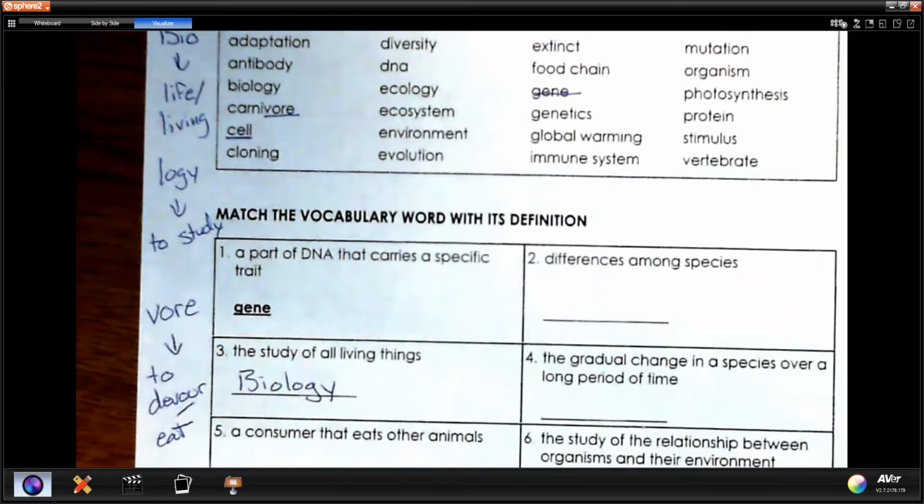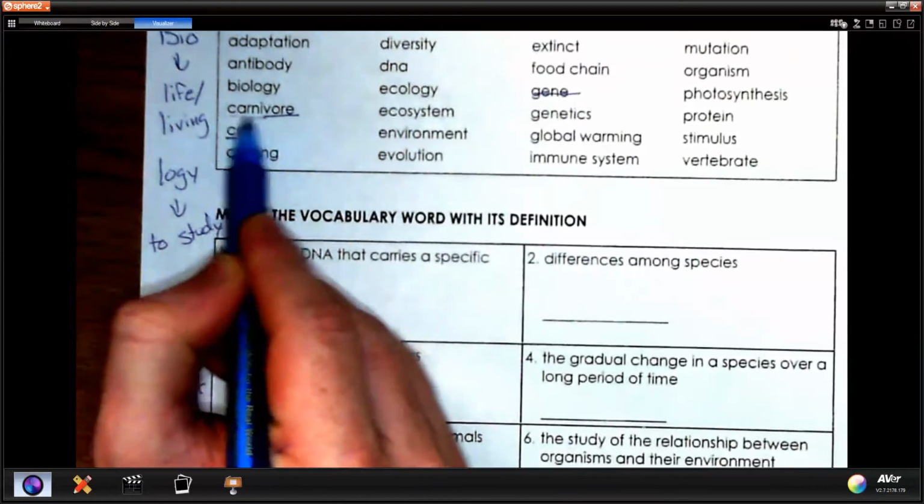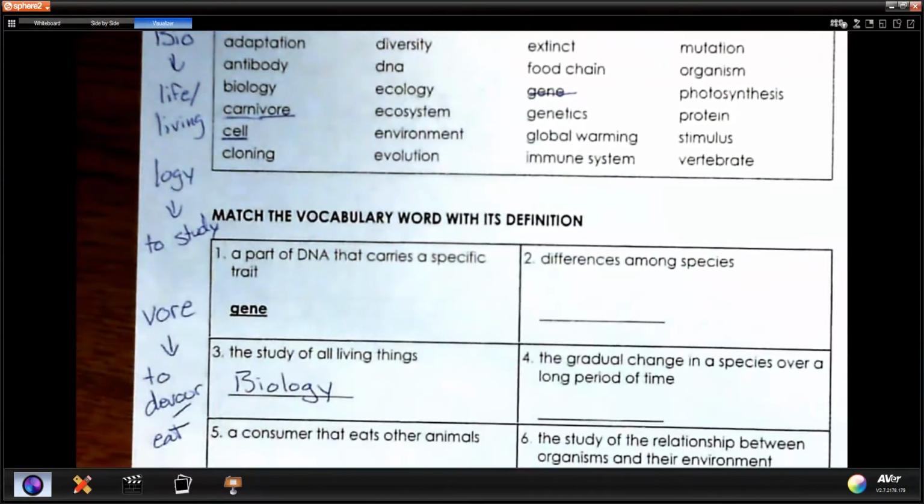Now for anyone who knows a bit of Spanish, what do you think that first part means? Yeah, carne, so meat, devour. So something that devours meat. Knowing those root words helps to really boost things up.